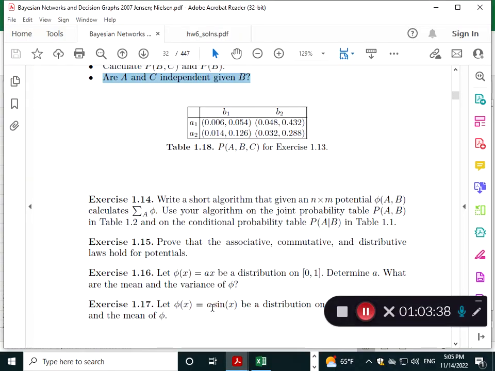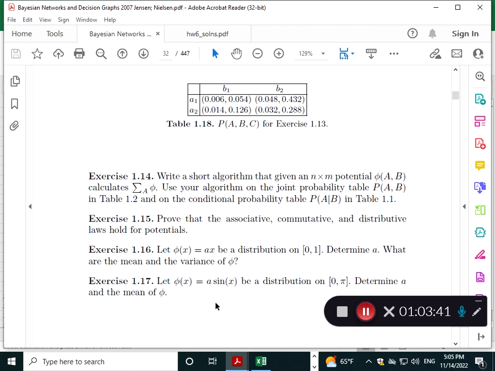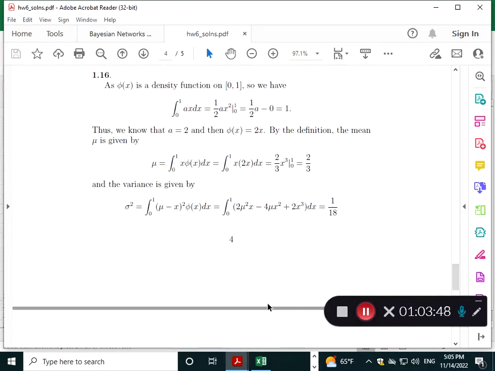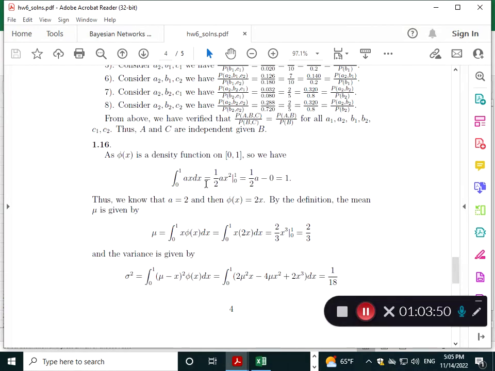There's one more problem, right? Oh, there are two more problems. The other two problems, I'm going to just show you quickly, okay? The problem 16, all you need to do is have a probability, you have your PDF, and then you do an integral from 0 to 1. If you do an integral of your PDF from 0 to 1, the total area under the PDF should equal to what, right?